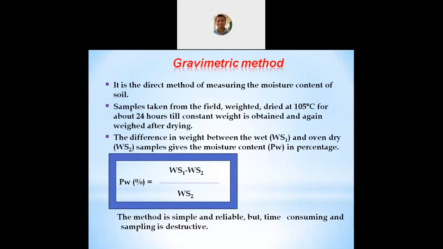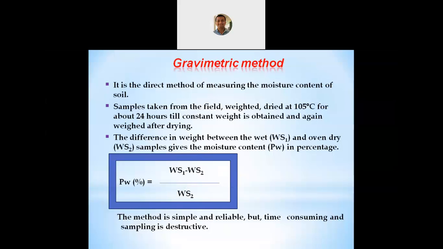Then we again take the weight of the dry soil, and the gravimetric moisture content is calculated with the formula: fresh weight minus dry weight of the soil, upon dry weight of the soil, multiplied by 100, in terms of percentage. So basically this is the amount of moisture present in the soil upon the dry weight of the soil multiplied by 100.